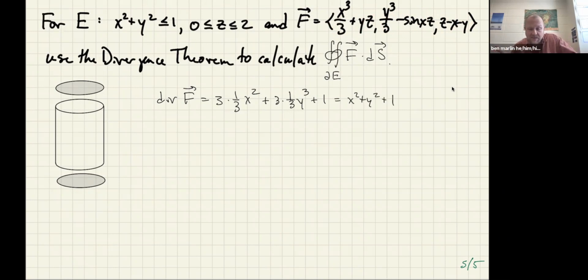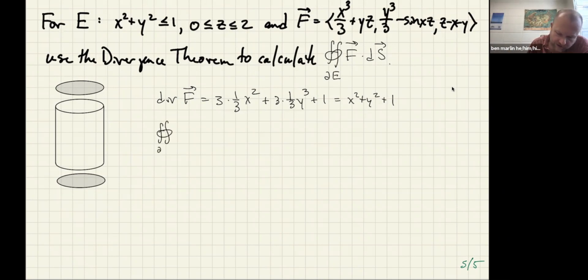Conveniently enough, this looks like something cylindrical. That screams cylindrical coordinates for us. The previous example looked like a cone. You would do either cylindrical coordinates, or spherical coordinates if you had a rounded top on it. So we're going to do this with cylindrical coordinates and use the divergence theorem.